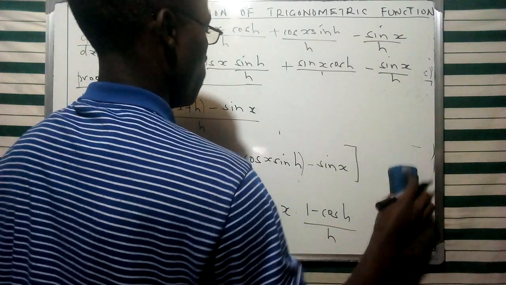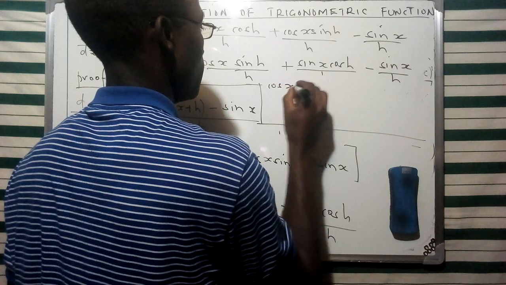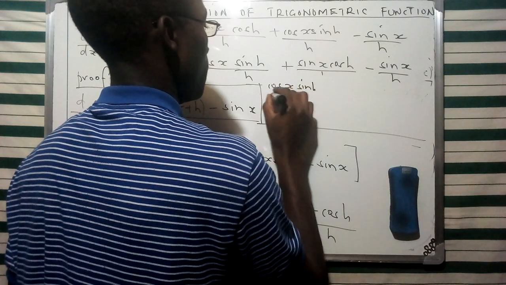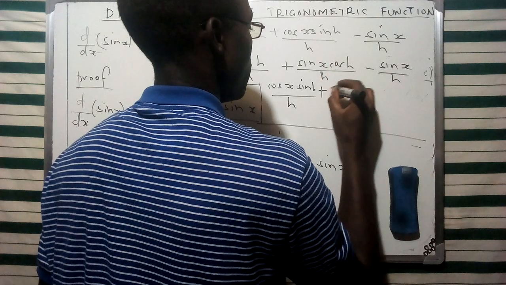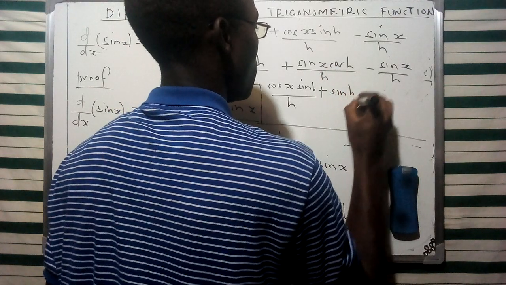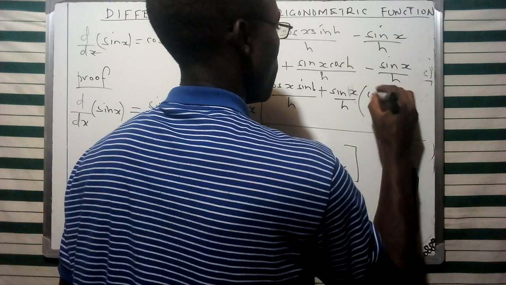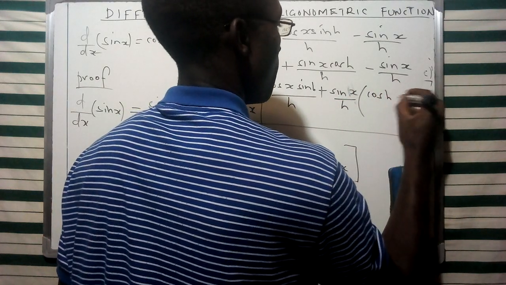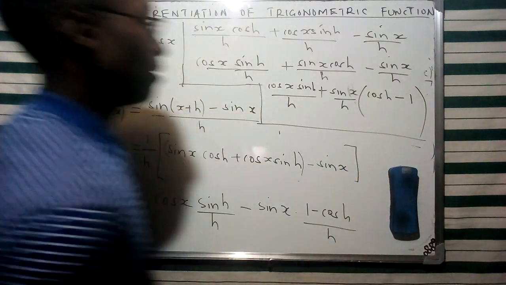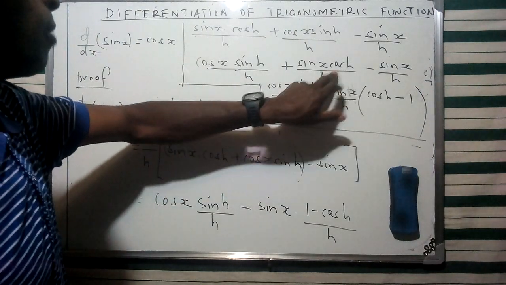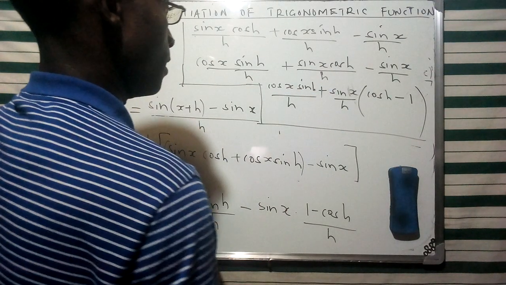So we're going to have this one giving us the cosine of x, the sine of h all over h, plus, we have the same factor here, the sine of x all over h into the cosine h minus 1, basically given as such. So this one has taken the common factor for the two functions out.